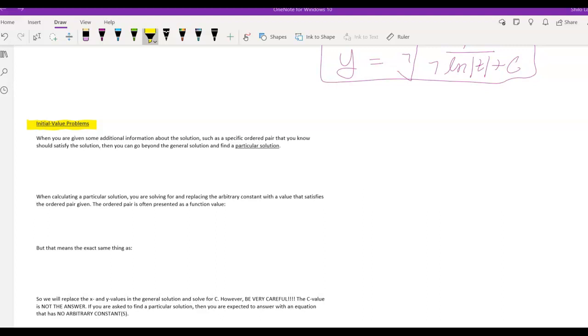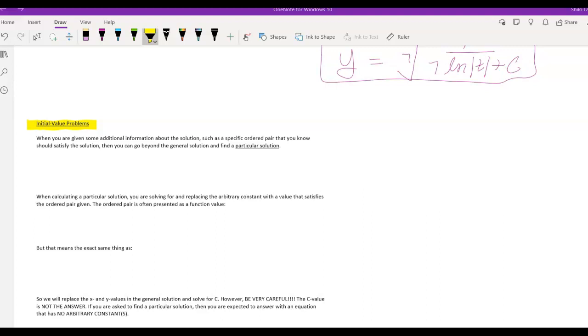We call those initial conditions because in real life problems that we would use differential equations for, we only have control over the initial setup of whatever the experiment is we're doing. We don't have much control, and we can't measure necessarily with perfect accuracy anything that happens after that.